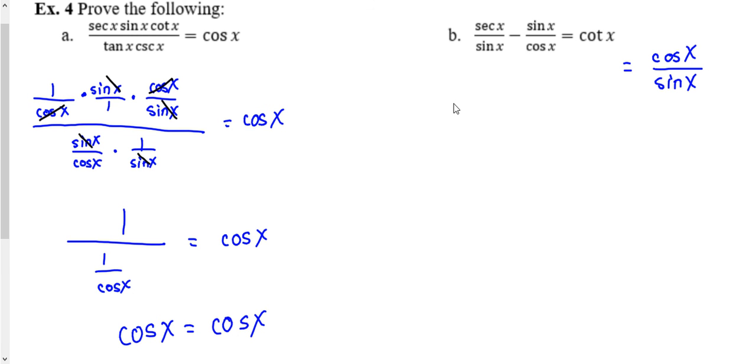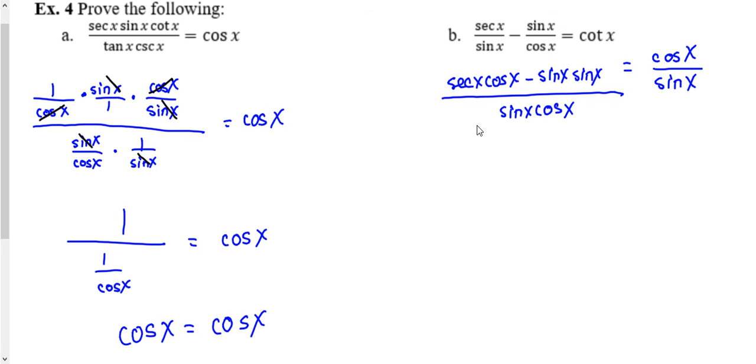Let's combine these on the left here. So this I can rewrite as secant x cos x minus sine x times another sine x. All of that is now being divided by sine x cos x. From here, let's see what we can do.